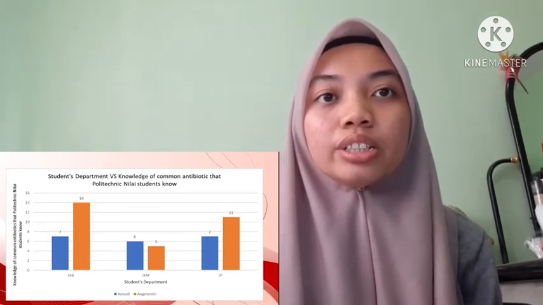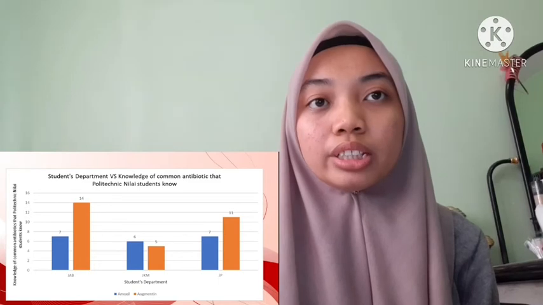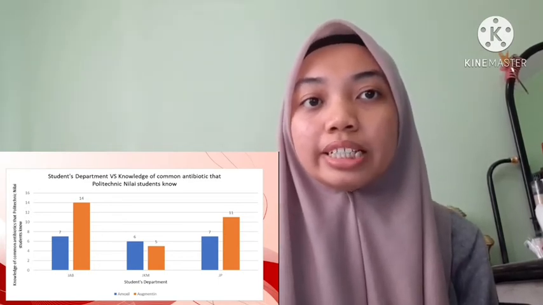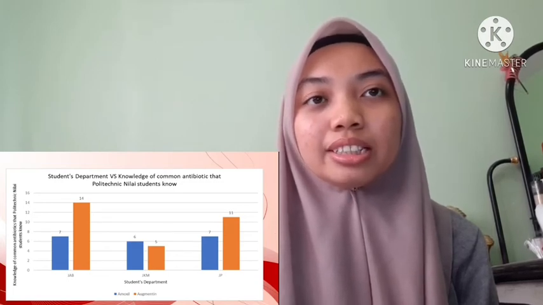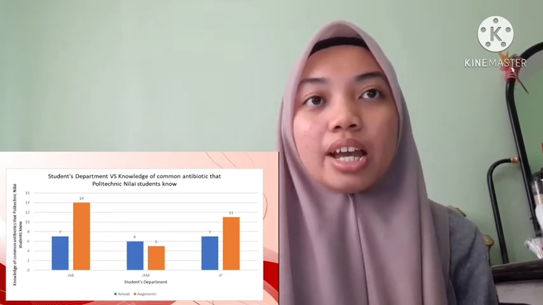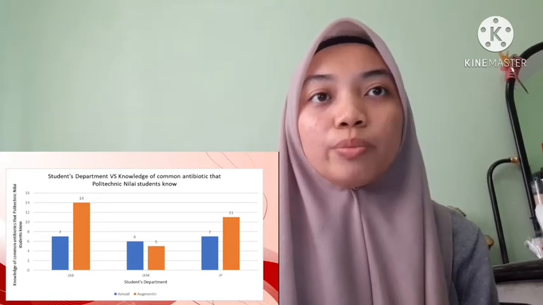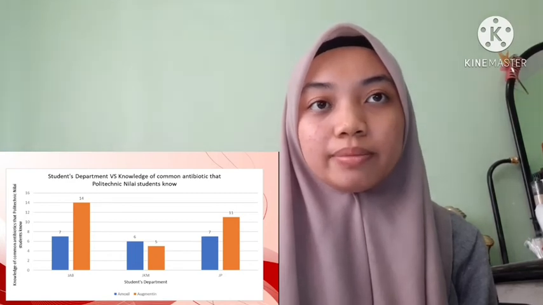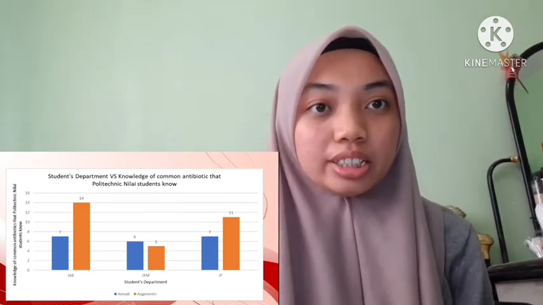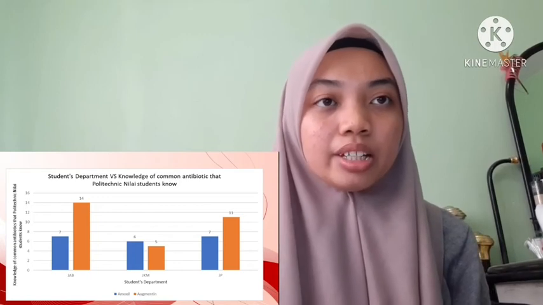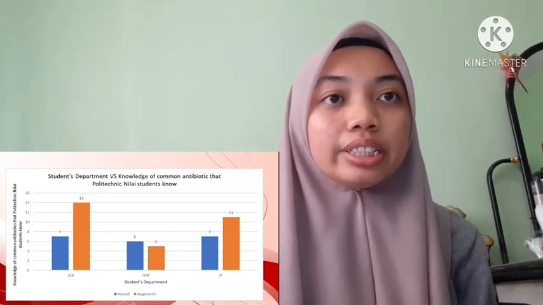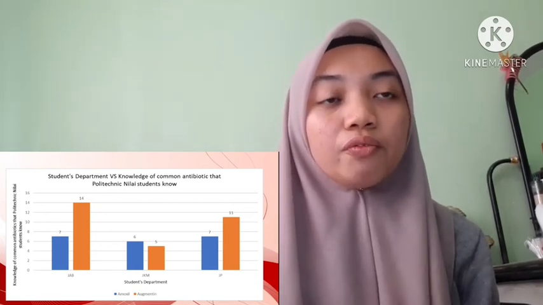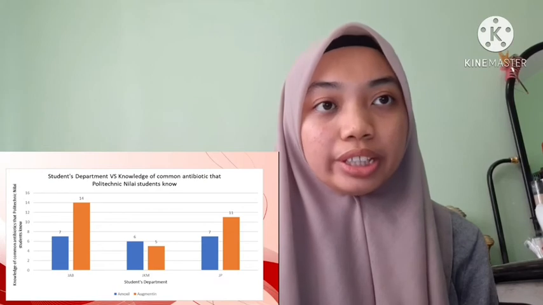For the first one that chose amoxicillin, you can see that only 7 chose amoxicillin, and most of them chose augmentin. You can see that 14 people chose augmentin. Okay, for the next department, JKM, you can see that only 6 chose amoxicillin and 5 chose augmentin.